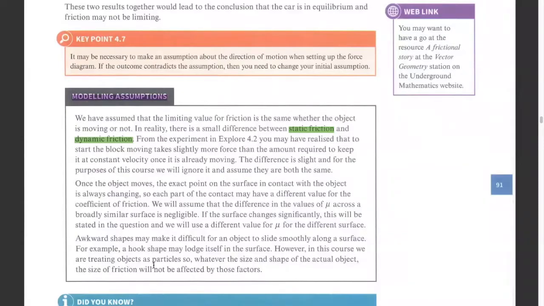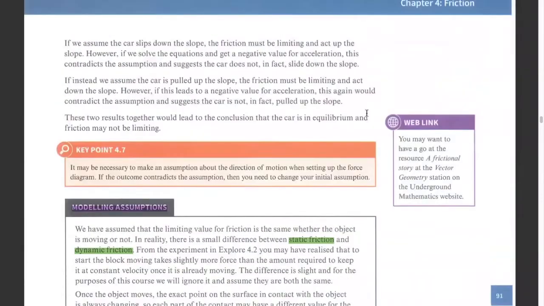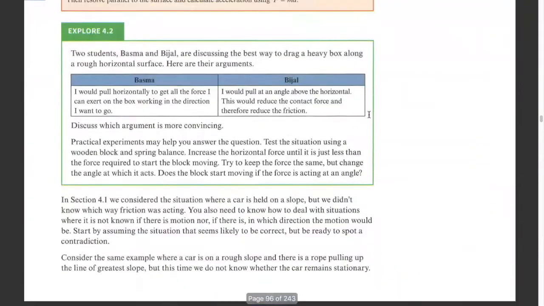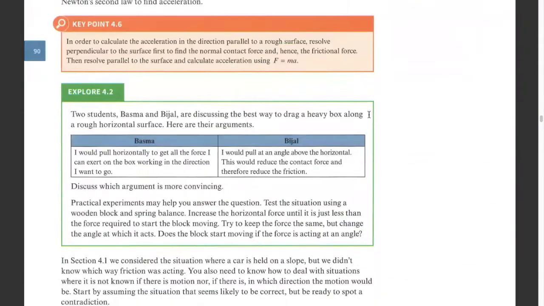The size of friction will not be affected by those factors. So all these factors we have discussed, we are not going to account for them in our course, but you have to understand that we are making lots of assumptions here.